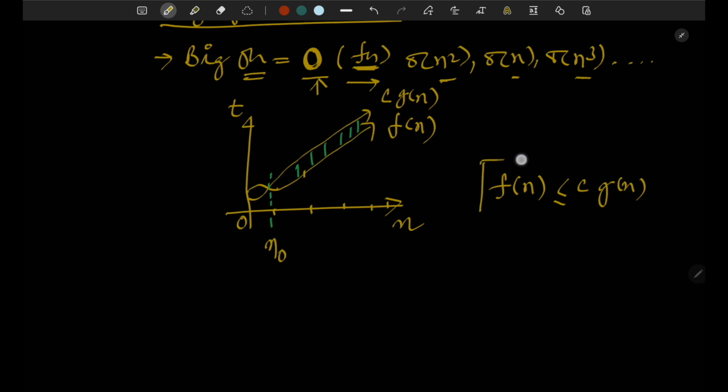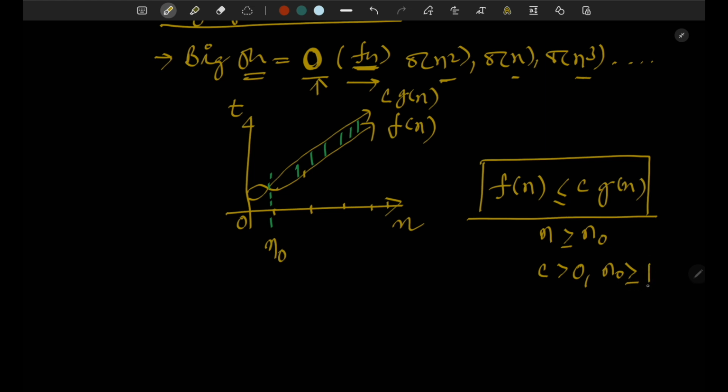So if f(n) is less than or equal to c of g(n) for an n which is greater than or equal to n naught, and for c which is greater than 0 and n naught is greater than or equal to 1, then in that case we can say that f(n) is big O of g(n).